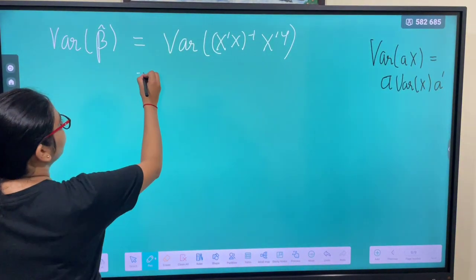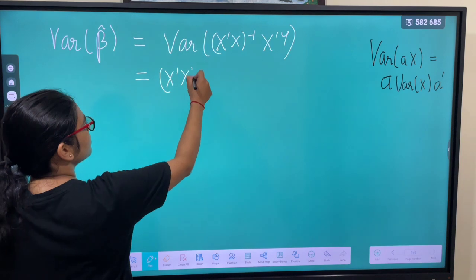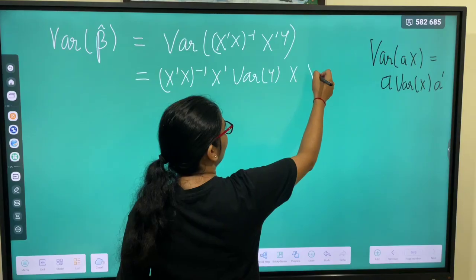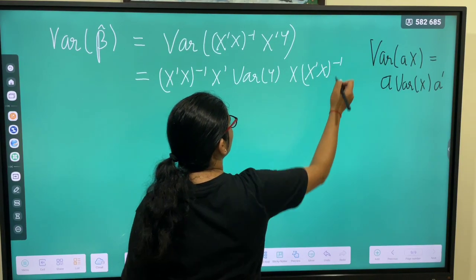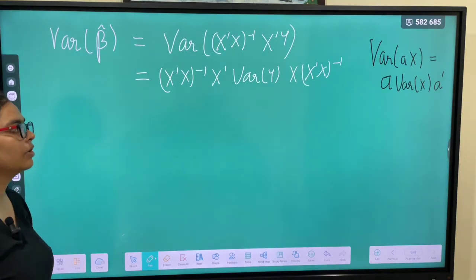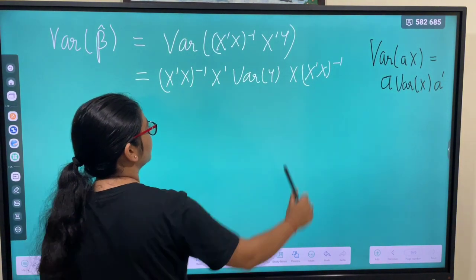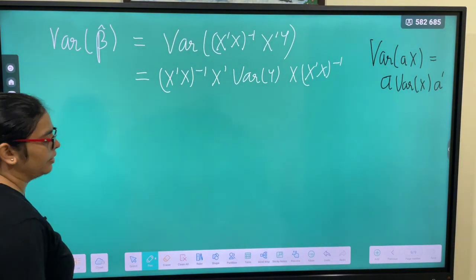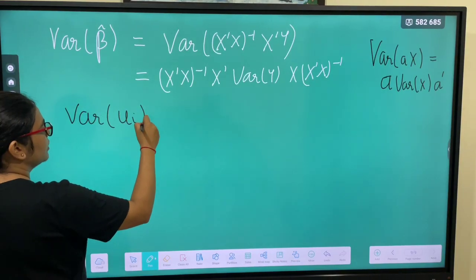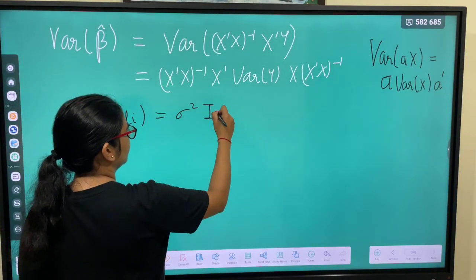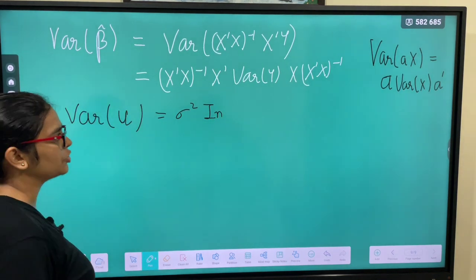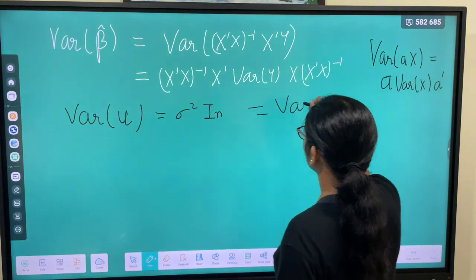Using this property, we will get x dash x inverse x dash, variance of y, x, x dash x inverse. Since the transpose of an inverse is the inverse of the transpose, we have taken the inverse directly here. Now for the variance of y, we know that the variance of u, which is given in the question as sigma square I n, is also equal to the variance of y.